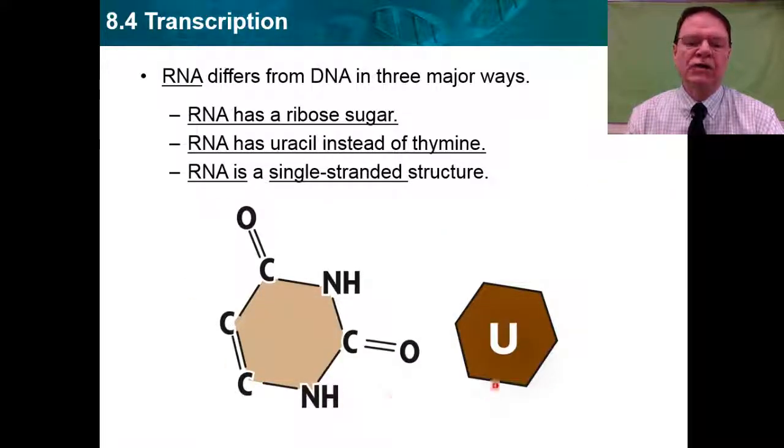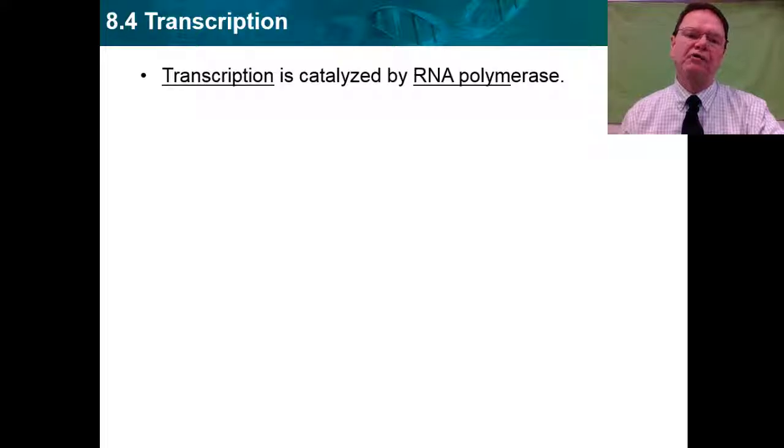All right, and here is a diagram form of that nucleic acid uracil. You can see that this is a pyrimidine. And this process of transcription is catalyzed by an enzyme known as RNA polymerase. You may recall that term polymerase when we were looking at DNA replication.